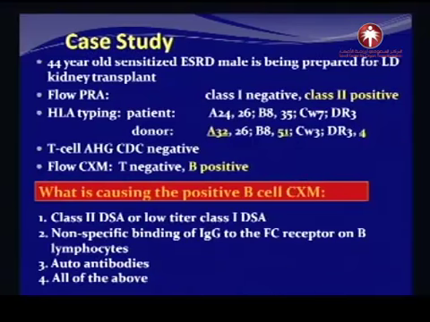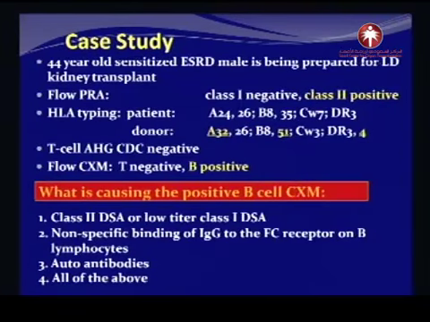But again, you might be missing some of the specificity by flow PRA that you will uncover by single antigen testing. But I'm giving you a clue in this case that she is positive to class 2, definitely sensitized to class 2, and she has mismatches on class 2 as well, okay? And she has positive B-cell cross-match.